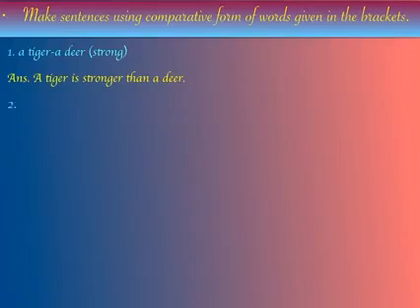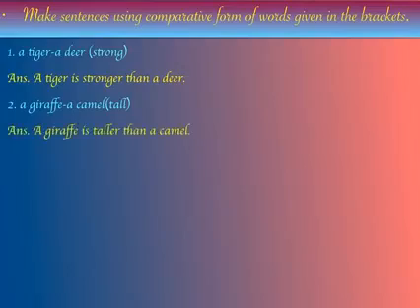Let's see the second one. A giraffe and a camel, and the adjective you would be using is tall. So the answer would be a giraffe is taller than a camel. Let's see the third one, that is gold and copper, and the adjective given over here is valuable.